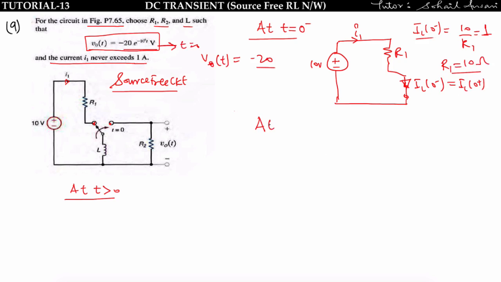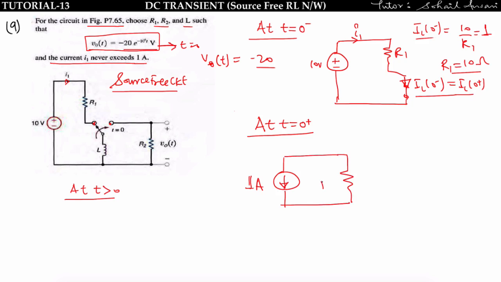Okay. Now draw the circuit at t equal to 0 plus. At t equal to 0 plus, this inductor will be replaced by a current source having value i of 0 plus, which is equal to i of 0 minus, equal to 1 ampere. Okay, and this is connected with R2, and R2 having V0 of t this much.